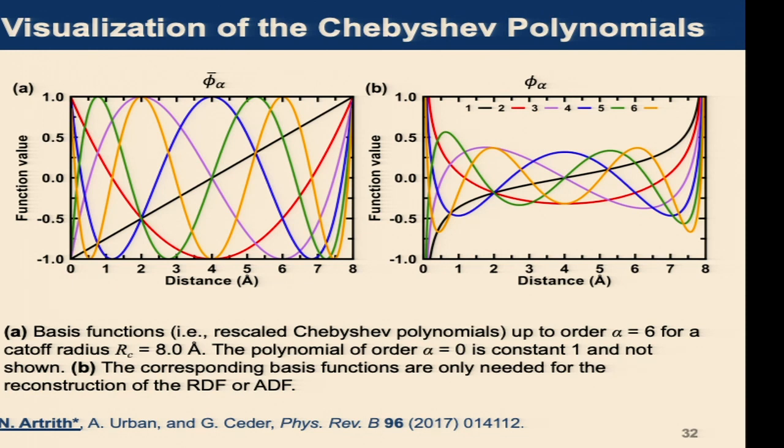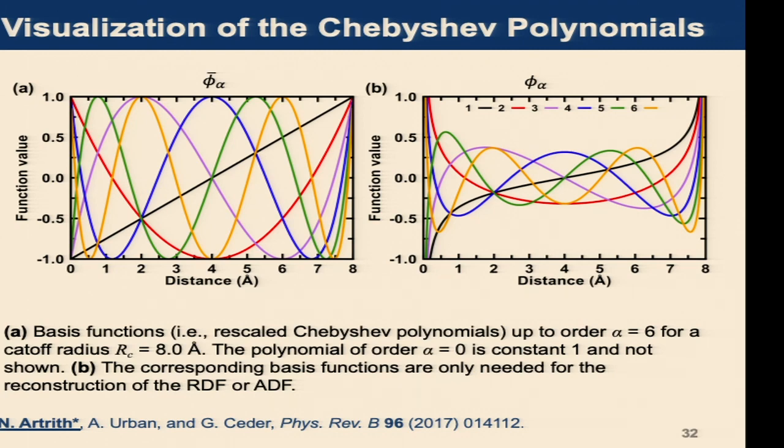The purple is more complicated, the 4th one is the blue one, and so on. The more orders you add to describe your structures, the more complicated the plot you will see. For B, you can just ignore it. It's just the corresponding basis function that we use to reconstruct the ADF or the RDF.